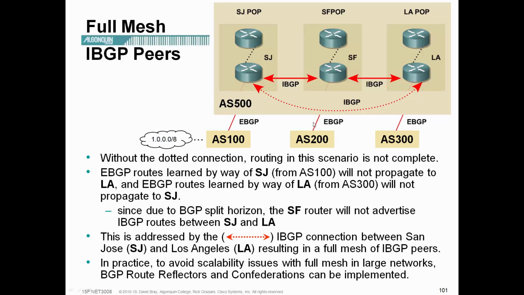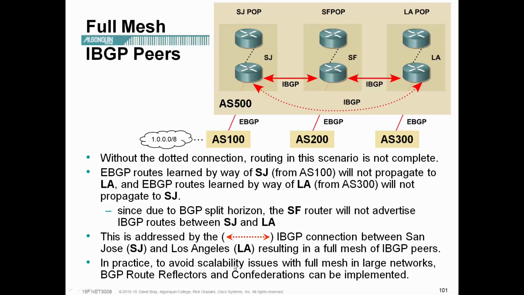Now, in case you're wondering, as soon as we talk about full mesh, remember we're talking about order n squared types of connections, where n is the number of routers. As you probably guessed, this has a huge resource impact on scalability.